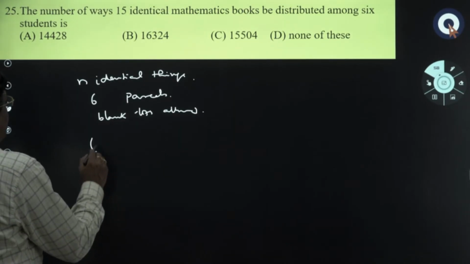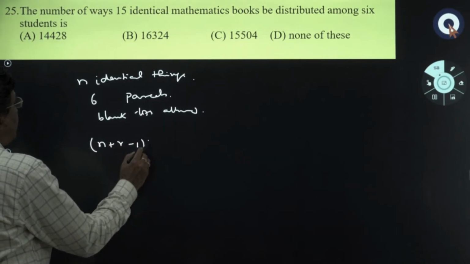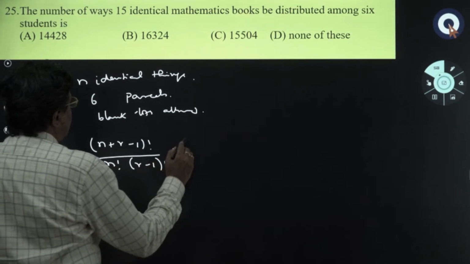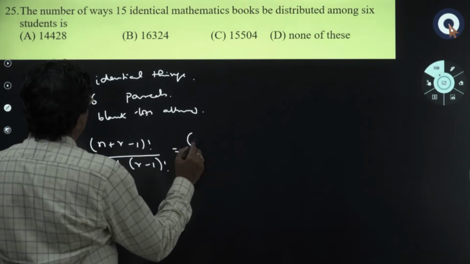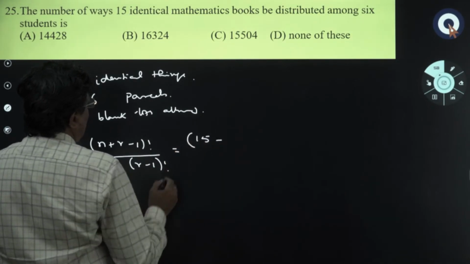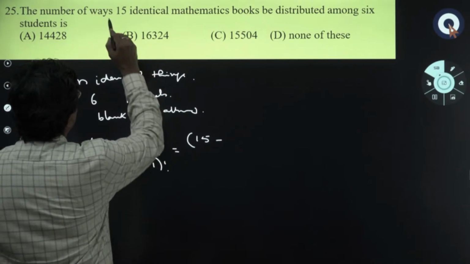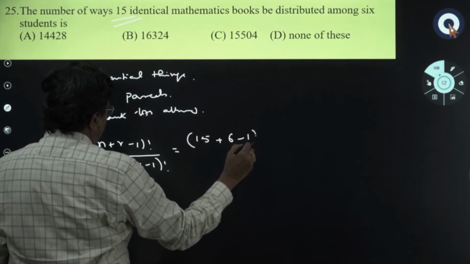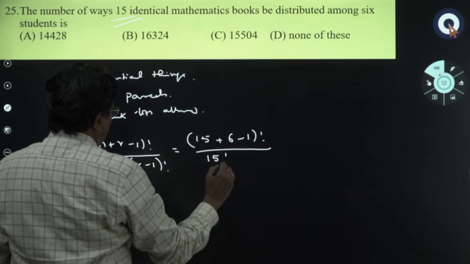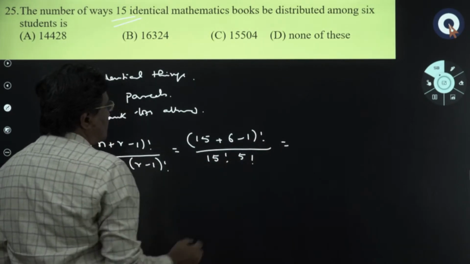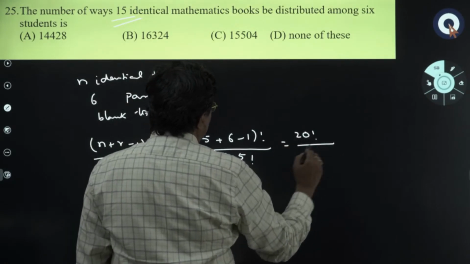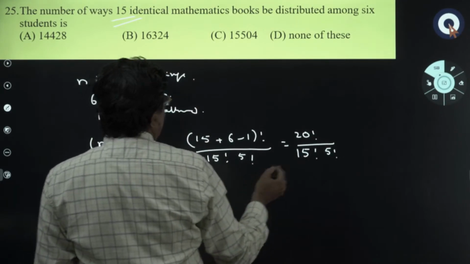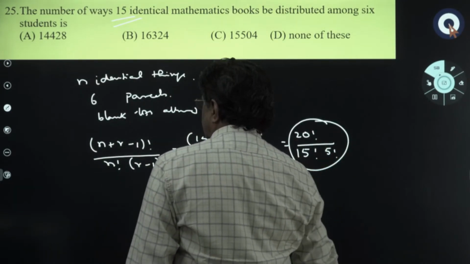So that is (n+r-1)! / (n! (r-1)!), where n is 15 books and r is 6 people. So (15+6-1)! / (15! 5!). So this is 20! / (15! 5!). If you simplify, a number comes and that's your answer, right?